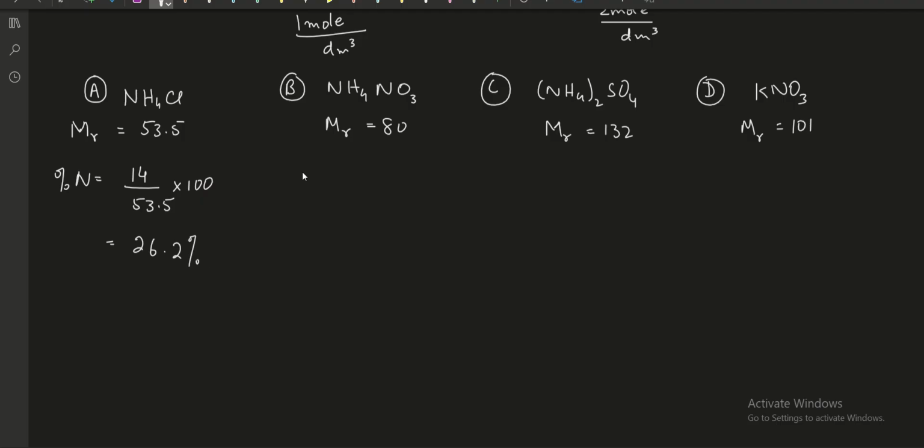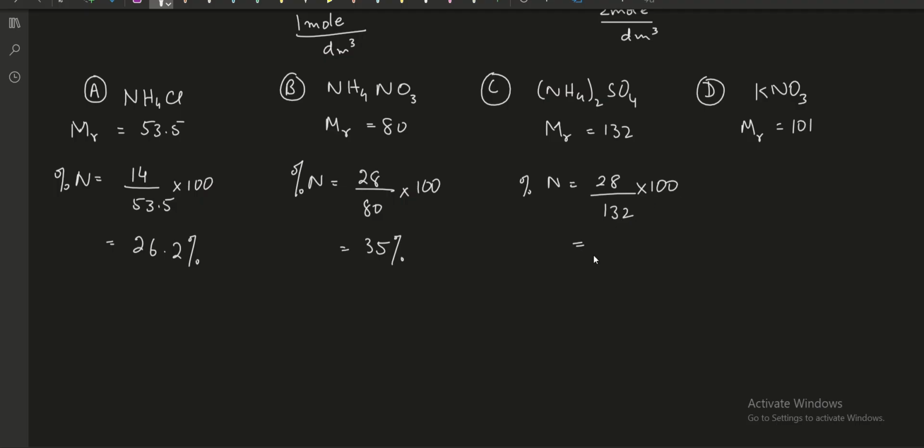it would be 26.2%. And over here, in NH4NO3, there are 2 nitrogen atoms, so 14 multiplied by 2, or you can write 28 divided by 80 multiplied by 100. So it would be 35%. Next is ammonium sulfate. Over here we again have 2 atoms of nitrogen in it. So 28 divided by 132 multiplied by 100.